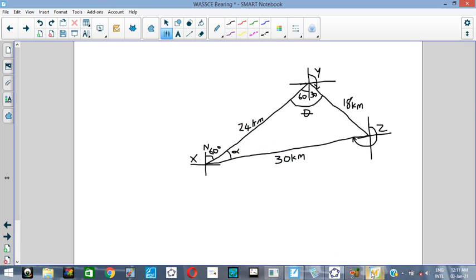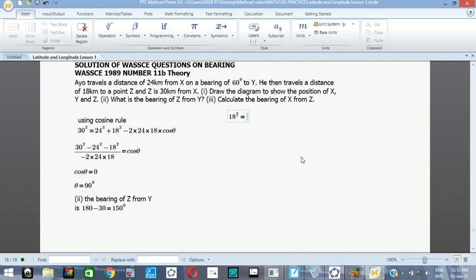That is going to be equals to 24 square plus 30 square minus 2 times 24 times 30, then times cos alpha. Remember, this is the angle we need.